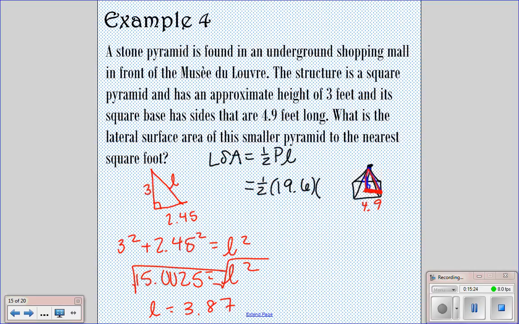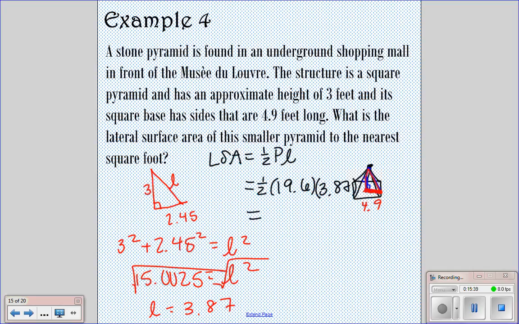And then we're going to plug it into our formula. So our L is 3.87, and then we're going to multiply that times 19.6, and then divide it by 2.